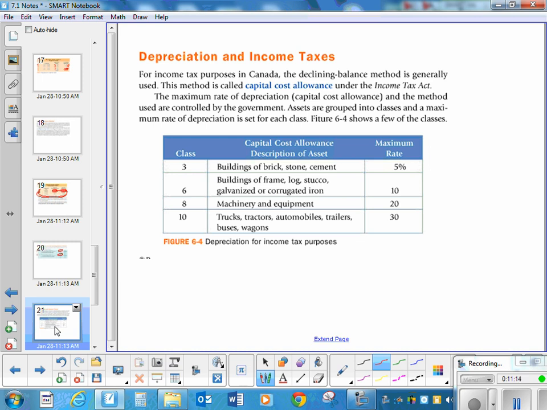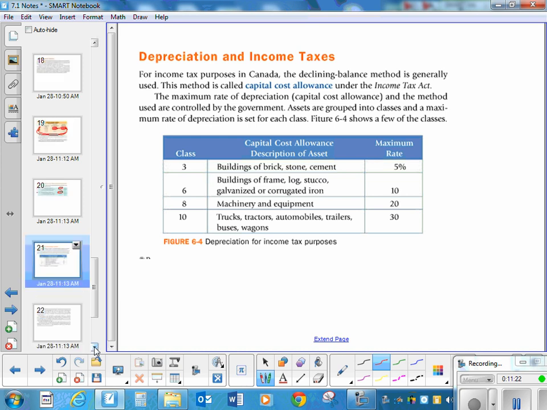And then the reason why we are showing depreciation is because when we go to do our income taxes, we want to make sure that we have an accurate balance for what that piece of equipment is worth. And what happens is, for income tax purposes, the government usually gives you a rate at how fast something will depreciate. So if you are having buildings of bricks and stone, the maximum that you can depreciate that is 5%.